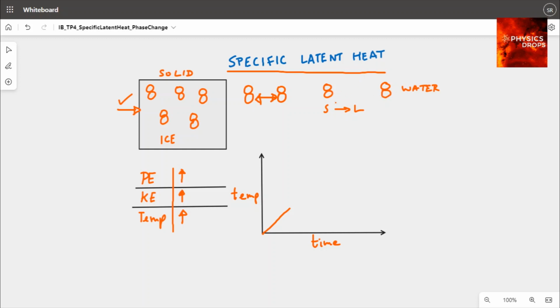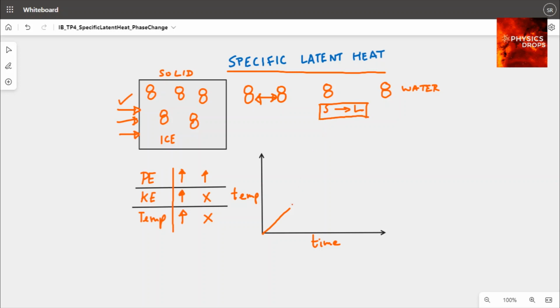At that state, energy is still being supplied, but all the energy that is supplied is utilized in breaking them away, or converting them from solid to liquid. So what happens is kinetic energy doesn't change, which means the temperature doesn't change. But still energy is being supplied and the substance is being converted from solid to liquid.